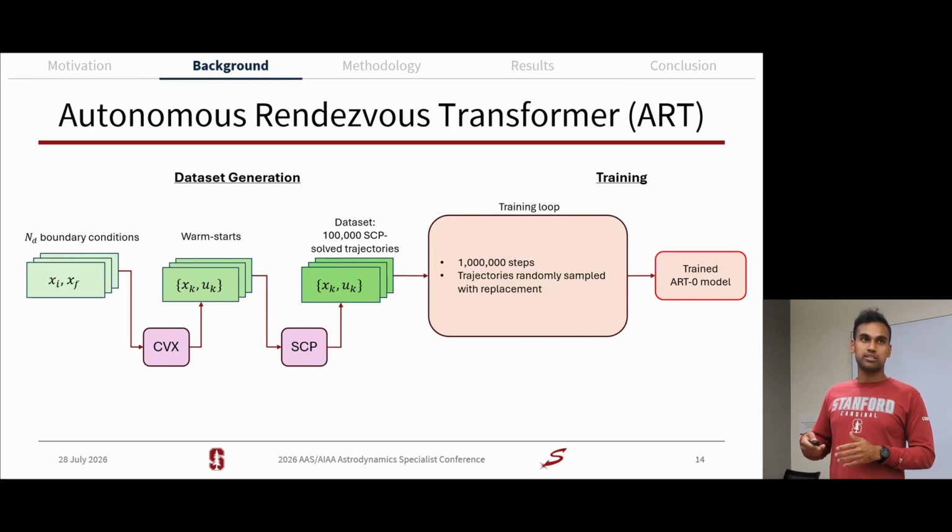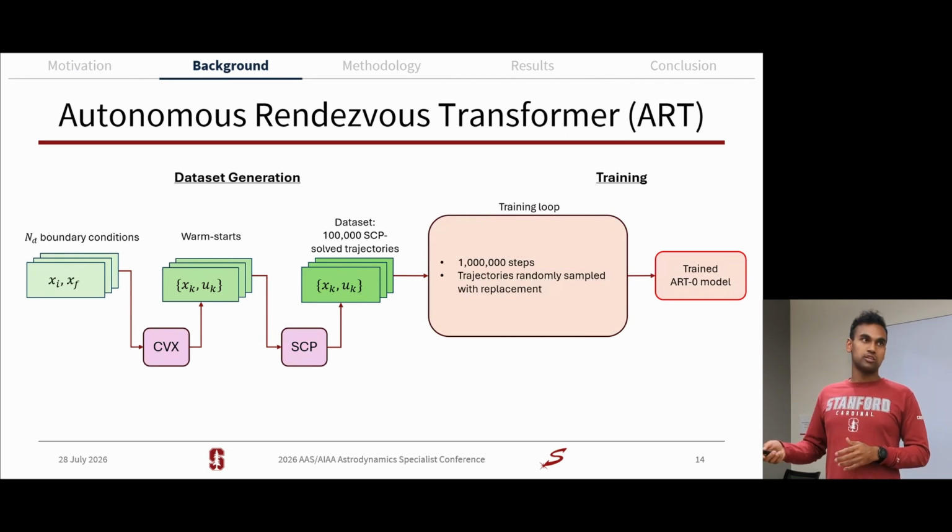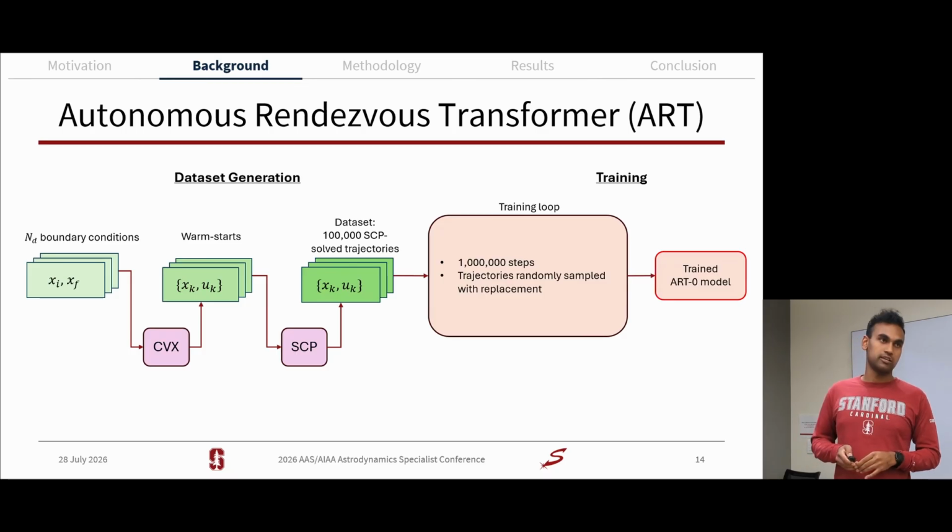And these are solved trajectories, warm started by convex relaxation of the problem and solved via SCP. And then the transformer model itself is trained via least squares loss minimization on a training split of those 100,000 trajectories.